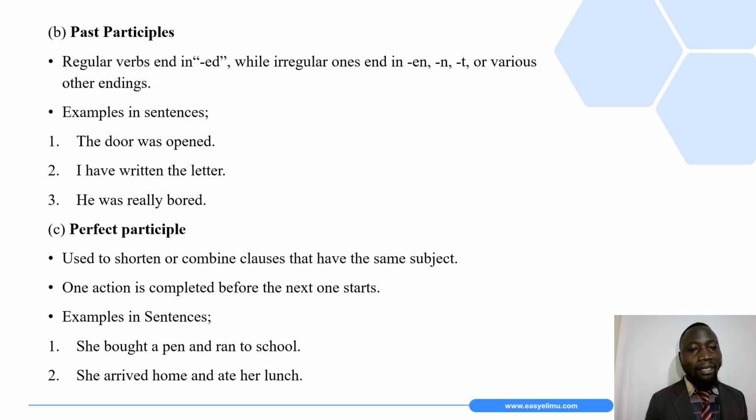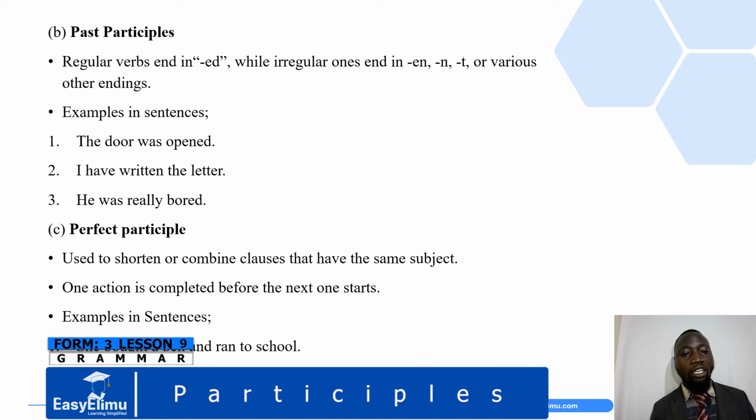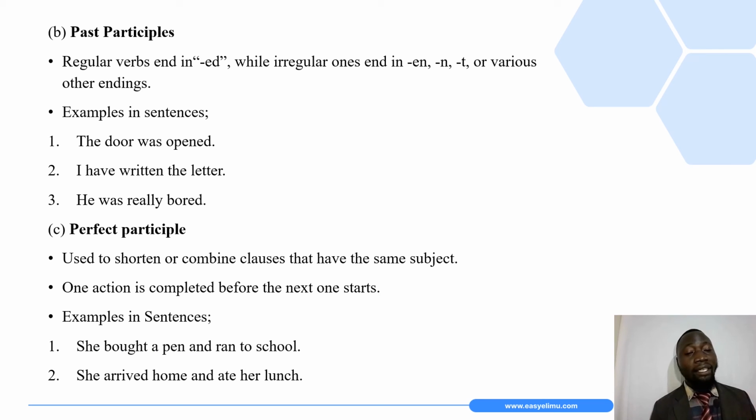Another one is: I have written the letter. This is the one that is taking the suffix en. So I have written the letter. It talks about an action that is complete. Then the last one: he was really bored. Here we've added the suffix ed to talk about whatever happened in the past.